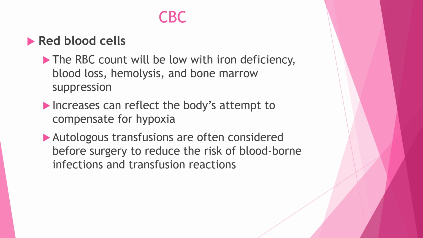Autologous transfusions are often considered before surgery to reduce the risk of blood-borne infections and then transfusion reactions. There is a decrease in a transfusion reaction if someone is going to have a surgery, if they are able to go and donate their own blood before the surgery.